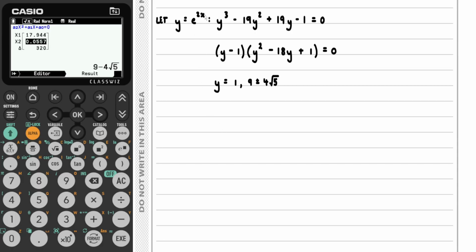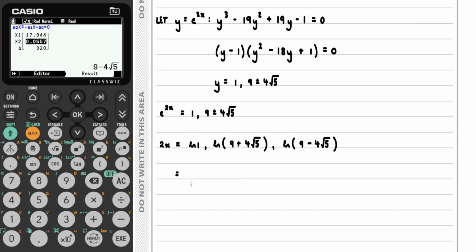And as we said, e to the 2x is what y is, that means e to the 2x is equal to 1 and 9 plus minus 4 root 5. If we take logs of both sides, 2x will equal the natural log of 1, the natural log of 9 plus 4 root 5, and the natural log of 9 subtract 4 root 5.